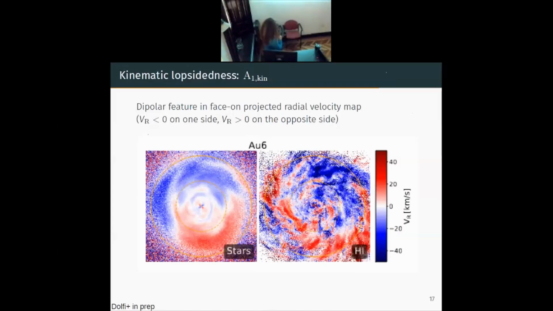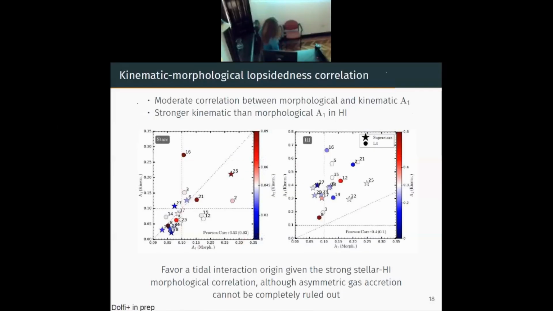We quantify the kinematic lopsidedness of our galaxies in a similar way as done for the morphology, within the outer region of the disk. And here we show the correlation between the kinematic and morphological A1 in the case of the stars and H1 gas.